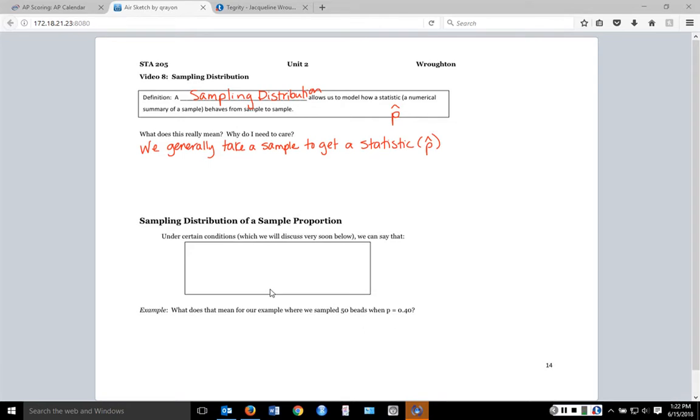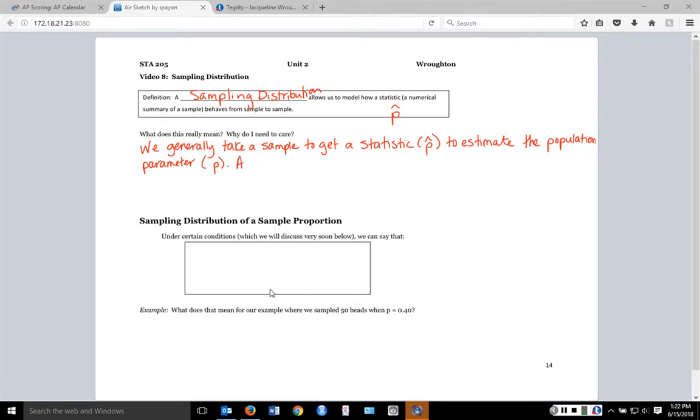So this then was to estimate the population parameter. So in our example, that would be P. So we took a sample, found the sample proportion that were black, where our goal was to actually figure out what percent of all the beads were black.